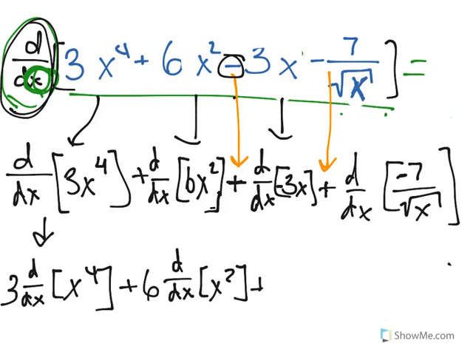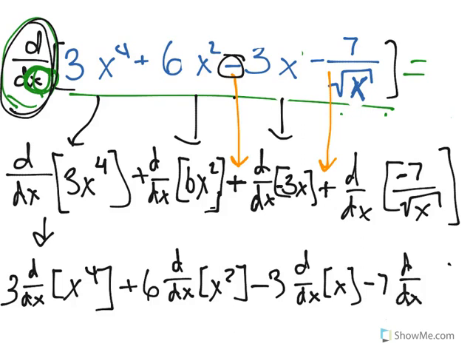In the next term, we can bring out the negative 3, so here it's just easier to do minus 3 times the derivative of x, minus 7 times the derivative of 1 over square root of x.